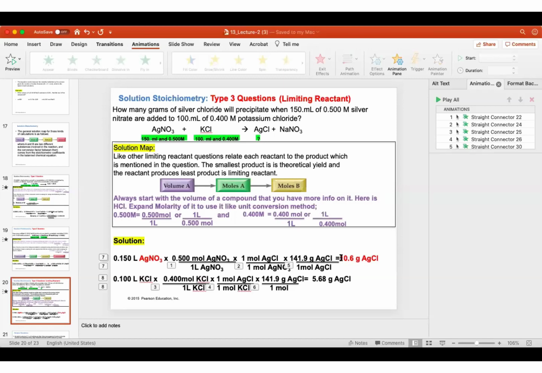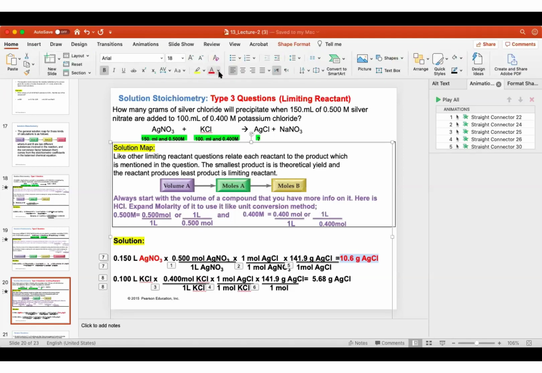So which one here, guys? It will be limiting reactant. Of course, it is not AgNO3. So which one is limiting? It is KCl. KCl is limiting, and 5.68 gram AgCl is my theoretical yield.